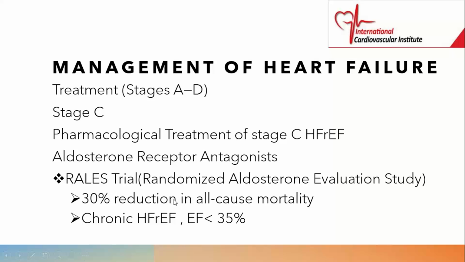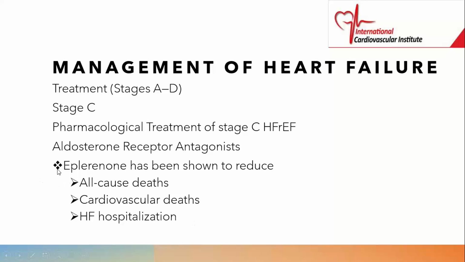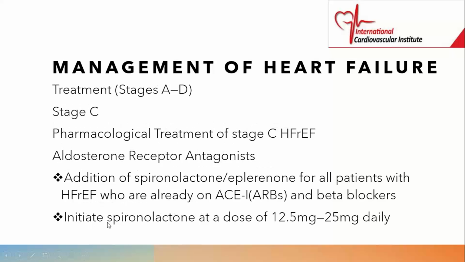In the same trial, there was a reduction in the risk of sudden cardiac death, and a reduction in heart failure hospitalization. So we have two types of aldosterone receptor antagonists: spironolactone and eplerenone. And eplerenone has been shown to reduce all-cause deaths as well, cardiovascular deaths, and heart failure hospitalization.